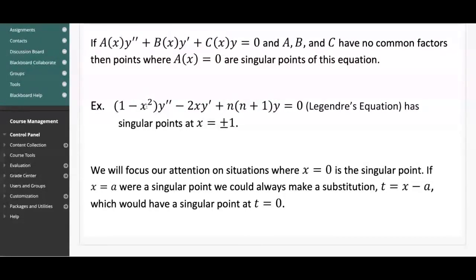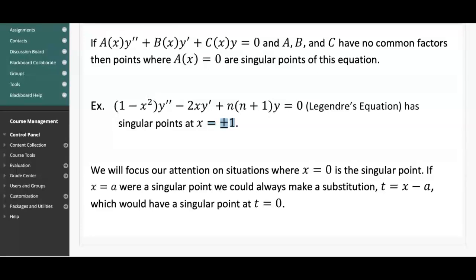And the 1 minus x squared, so once we change to y double prime plus p of x y prime plus q of x y, we see that this 1 minus x squared is in the denominator, which means x equals plus or minus 1 will not be in the domain of p of x. So that causes singular points for the equation at positive 1 and negative 1.